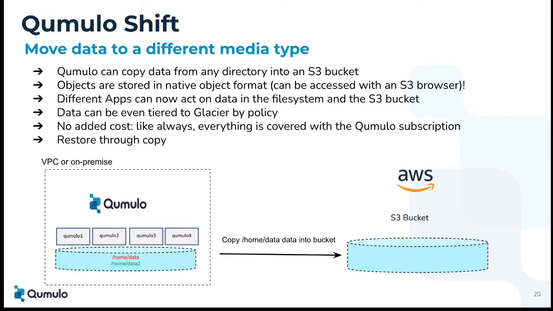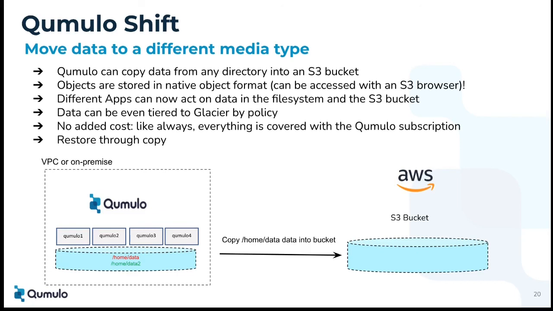So besides the fact that this opens up new workflows to be able to access the same data on a file system as well as over an S3 bucket in object format, this also is a security feature, because you now have your data on a completely different media in a different location.